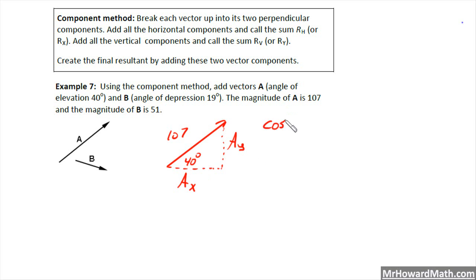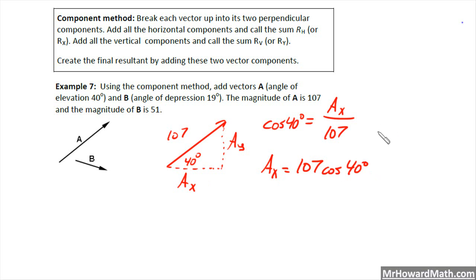So cosine of 40 degrees is equal to the adjacent side, A sub x, over the hypotenuse, 107. So our horizontal component of that vector is 107 cosine 40 degrees.